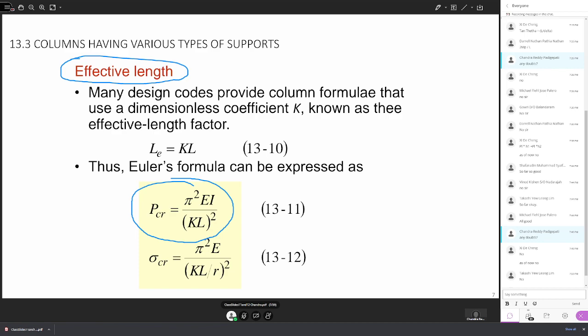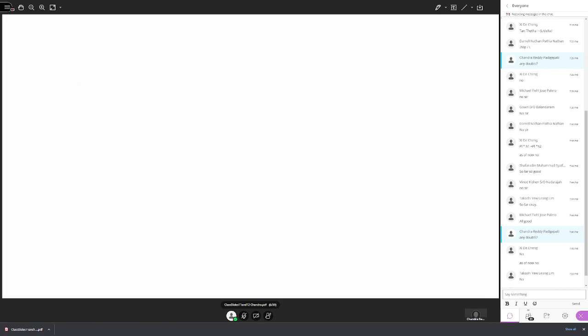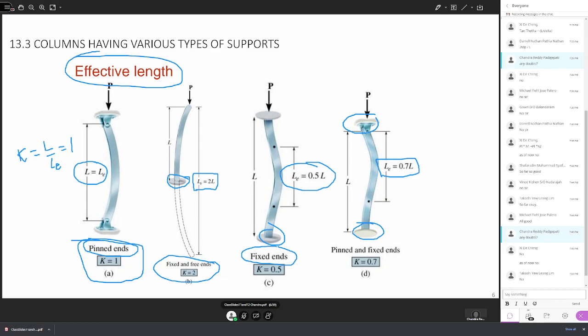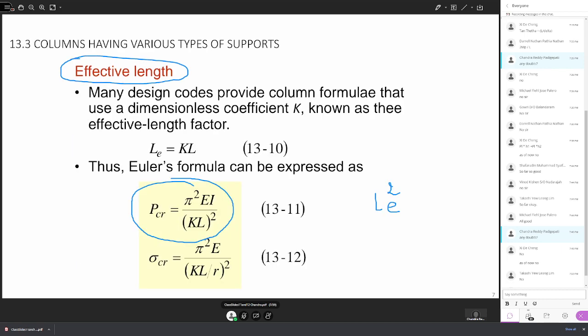K is the effective length factor. Instead of KL, you can simply use the effective length LE squared. The K value can be 1, 2, 0.5, or 0.7 depending on how the column is supported. Otherwise you can just write the effective length.